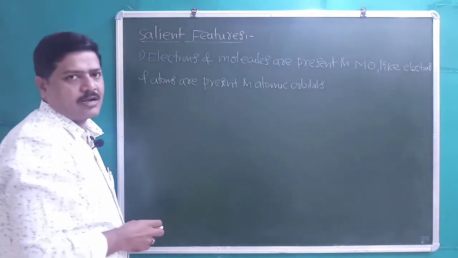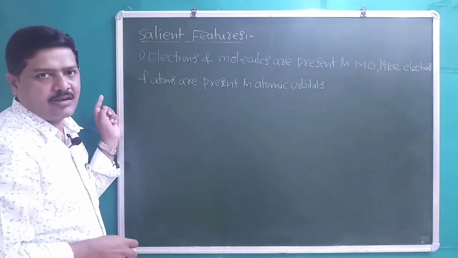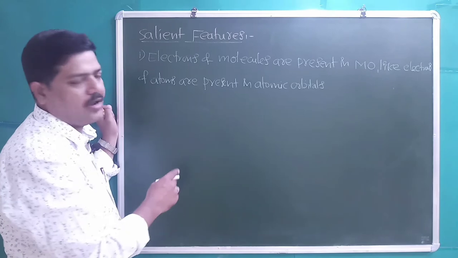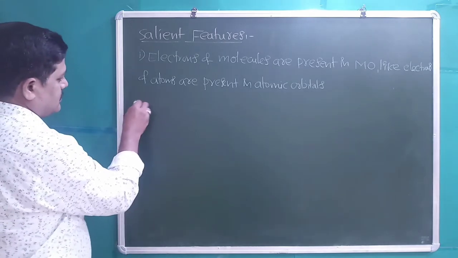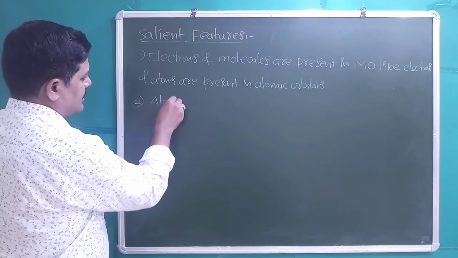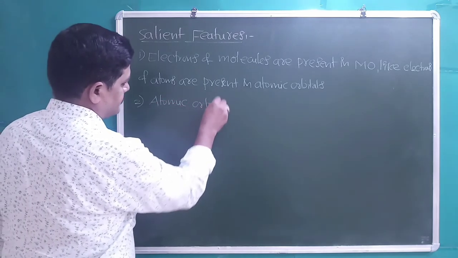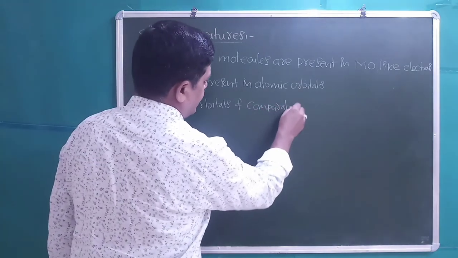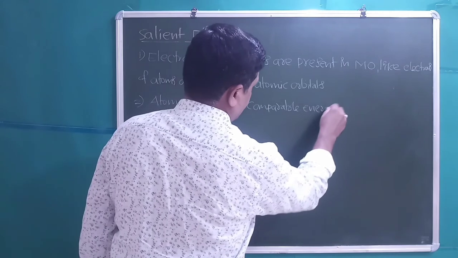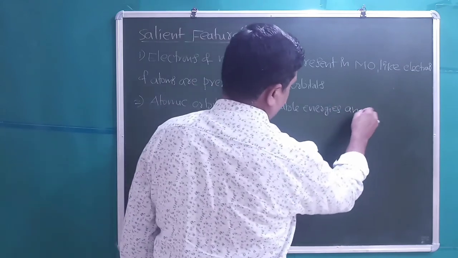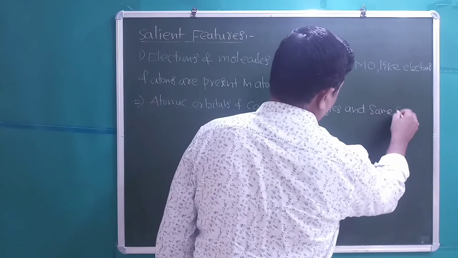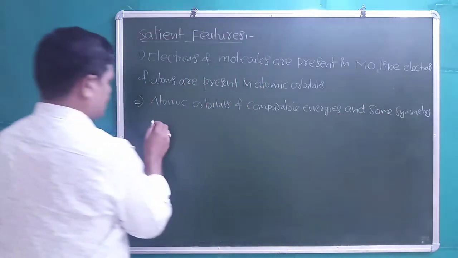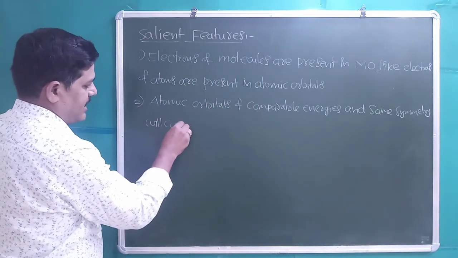Students, once atoms combine to form molecules, atomic orbitals lose their identity. Atomic orbitals combine to form molecular orbitals. Atomic orbitals of comparable energies and same symmetry will combine.